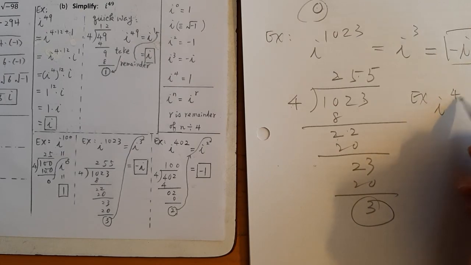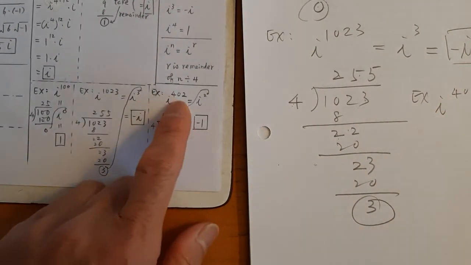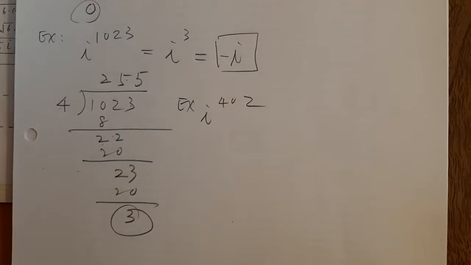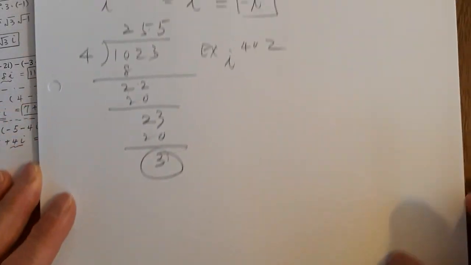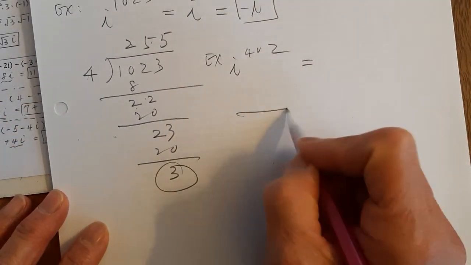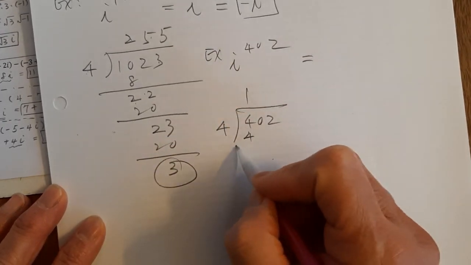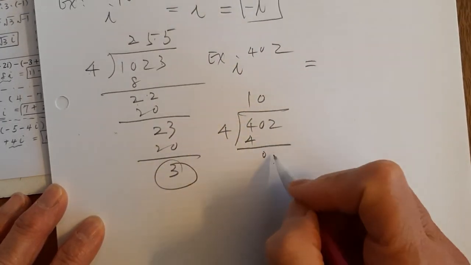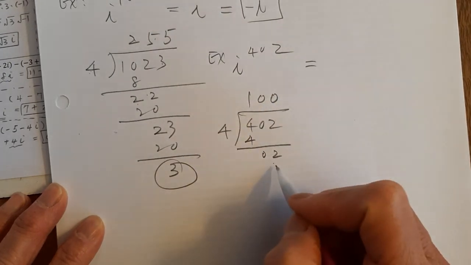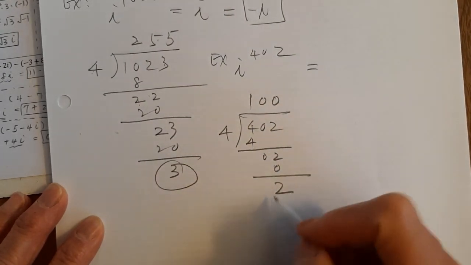Another example is i to the power 402. This one, you divide 402 by 4, get 100, remainder 2.